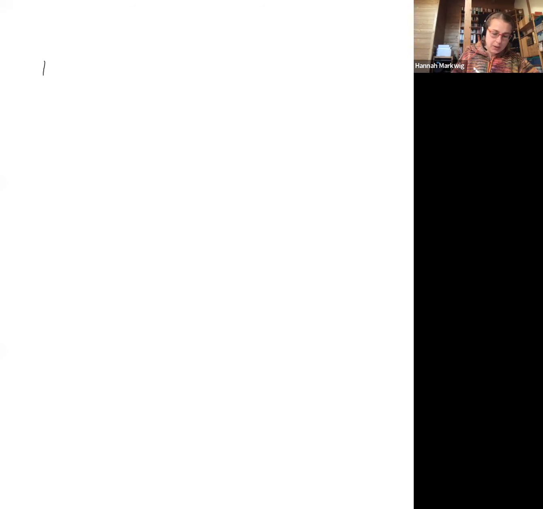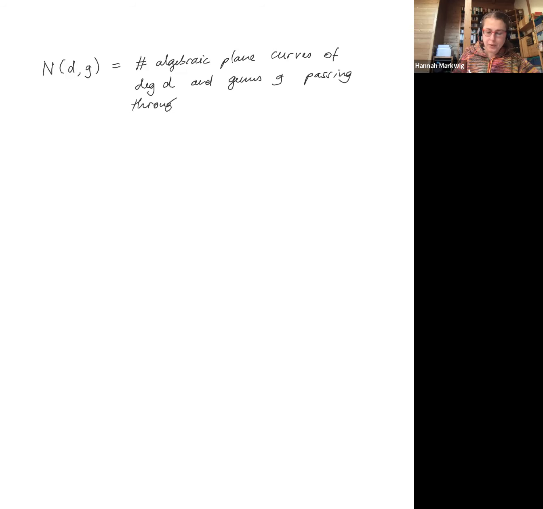We introduced numbers in algebraic geometry, which are called N_{D,G}, and which are a count of algebraic plane curves of degree D and genus G passing through 3D plus G minus 1 points in general position.